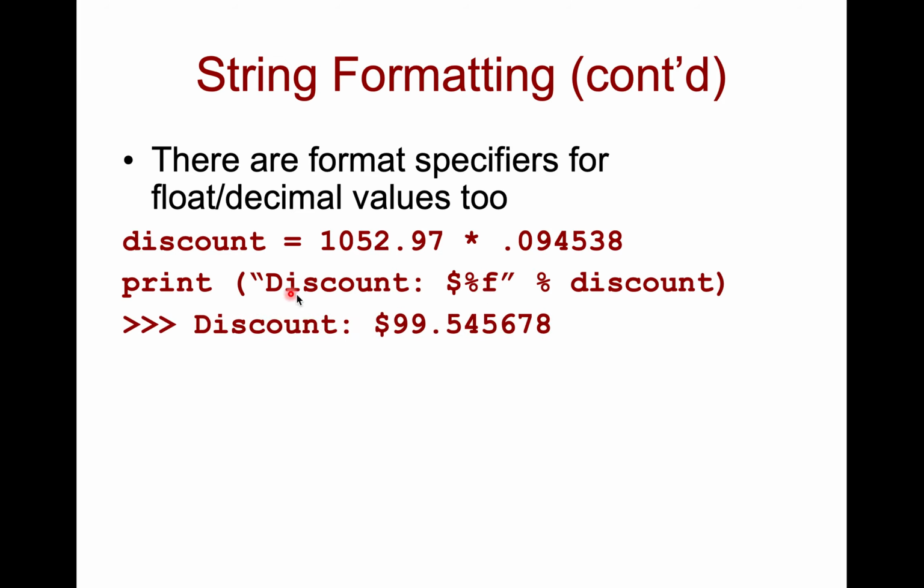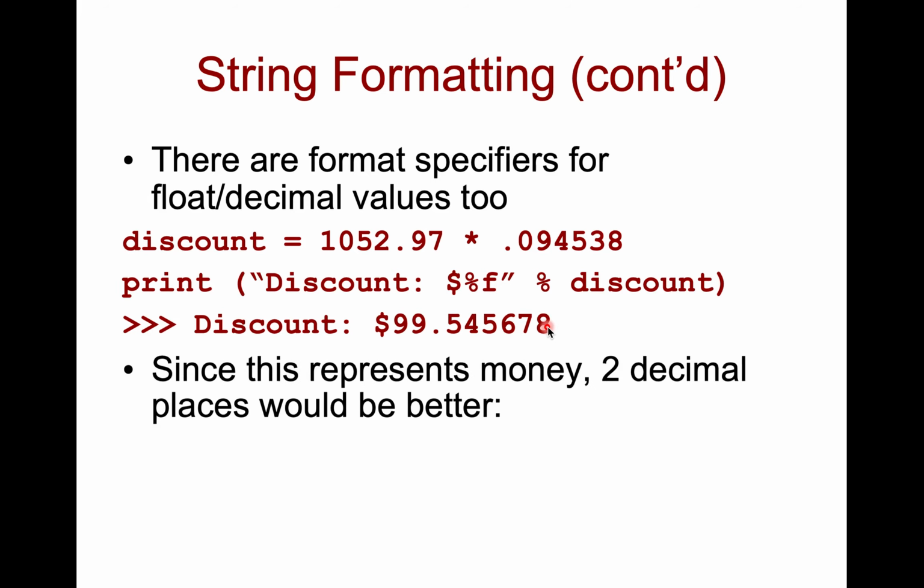Discount colon space, that's why we see discount colon space, a dollar sign, and the %F is all of this stuff. That's what is inside discount, 99.545678.